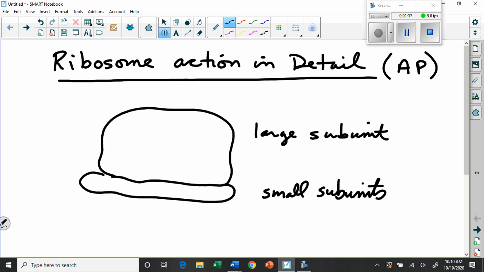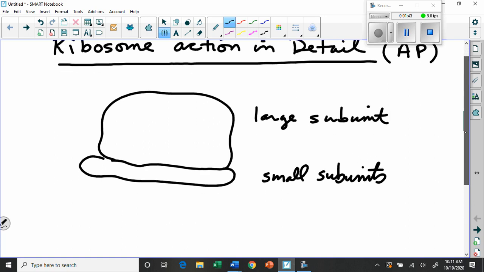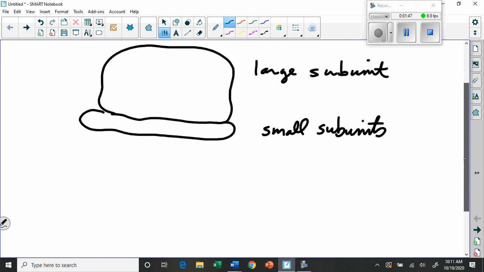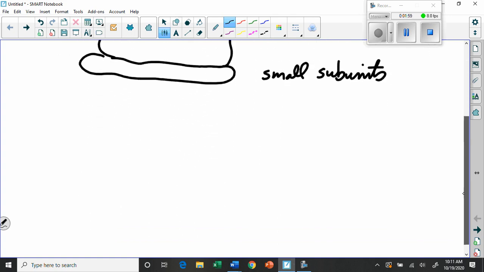So as we get on in biology, we start drawing sort of these representative shapes. But always remember that this shape is a bunch of atoms. And those atoms interact. And the distribution of electrons is what basically causes these active sites to interact with each other. Okay, so we're going to start with the small subunit first.